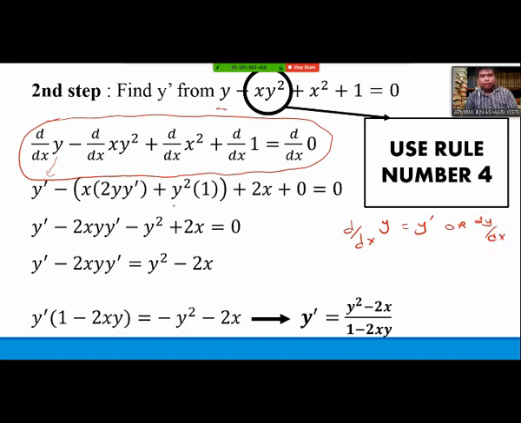Okay, if you differentiate y squared, it becomes 2y: the 2 moves to the front, y becomes power 2 minus 1, and you just put that dy per dx at the back. And you get 2y dy dx, or you can say 2y y prime.